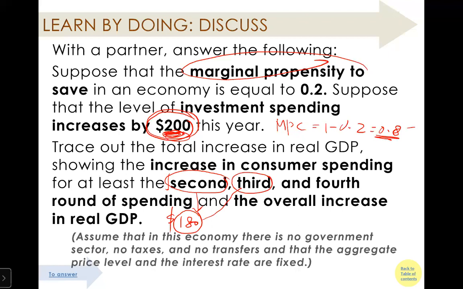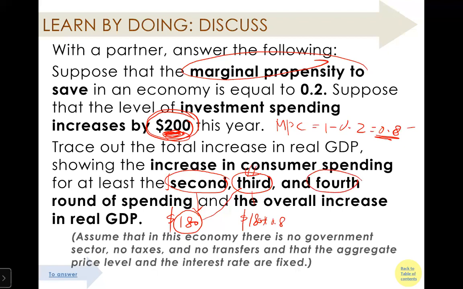This third round of spending is going to equal the second round amount times 0.8, because the third person received that amount from the second person, and this person is going to spend a fraction equal to the MPC.